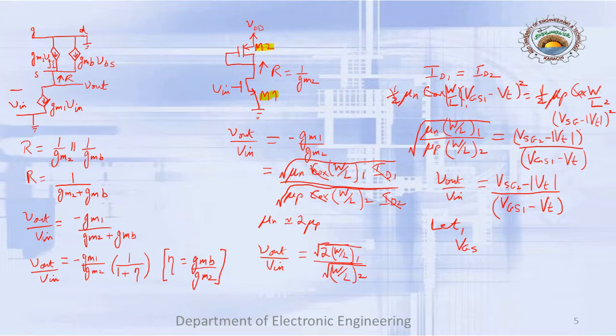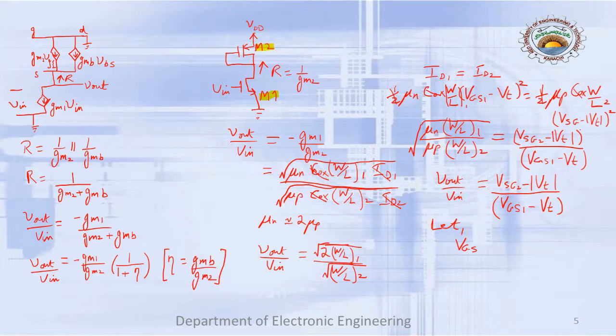Again, if we substitute the values of gm1 and gm2, what would be the result? There is going to be a change, and that is mu n Cox W by L of 1 times ID1, divided by, everything in the square root, and of course mu p Cox W by L of 2 ID2.